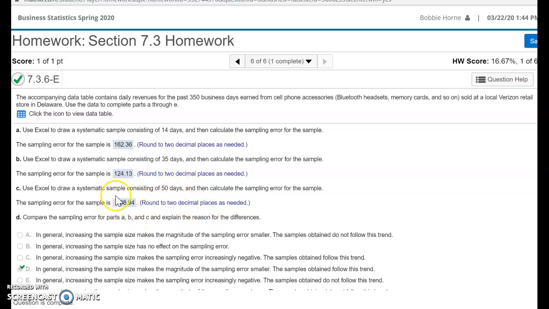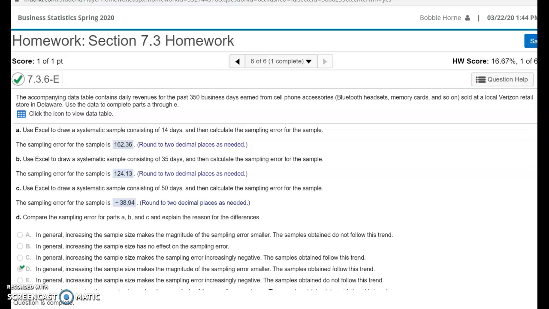So let's say this number would have been 200, then our sampling error is way higher than it should be, and that could be a result of periodicity. What happened could be that we're pulling every seventh day, which could be Sunday, and so now our average is way lower than the population, and our sampling error would be a lot larger.